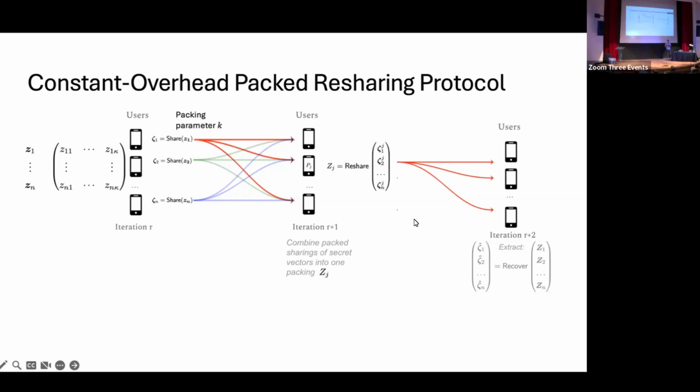And then we'll ask the parties in iteration R+1 to efficiently reshare these values to iteration R+2 so that iteration R+2 gets shares of the original values that the parties in iteration R shared. Of course, we want to do this with as little overhead as possible. And in fact, we're able to do this with constant overhead. I'll try to explain this a little bit.